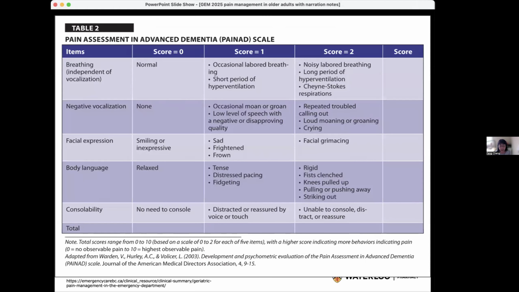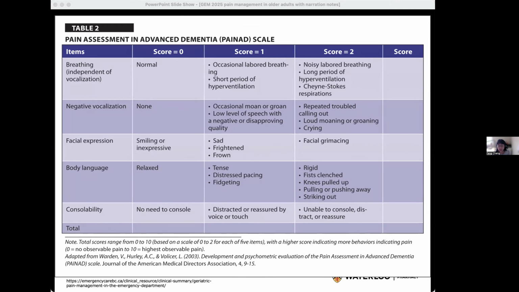This is the PAIN-AD scale. So this is for patients who are unable to self-report. Self-report is considered the gold standard, as pain is very subjective. But if the person cannot self-report, then you can use a number of these domains and assign them a score between 0 and 2.